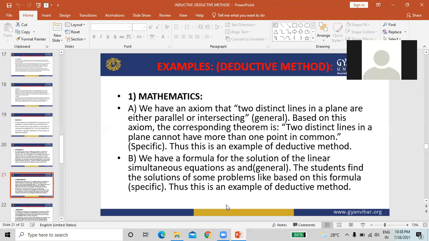Thus, this is an example of deductive method. Next example in mathematics, we have a formula for the solution of linear simultaneous equations. A student finds the solution of the sum problem based on this formula. Thus, this is an example of deductive method.